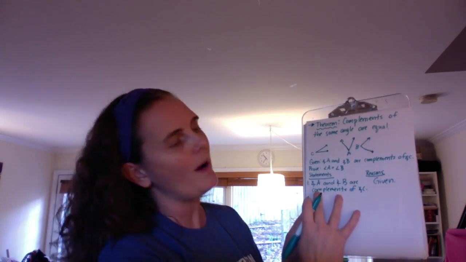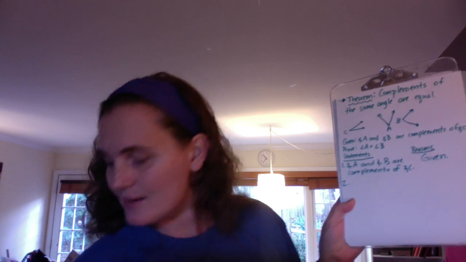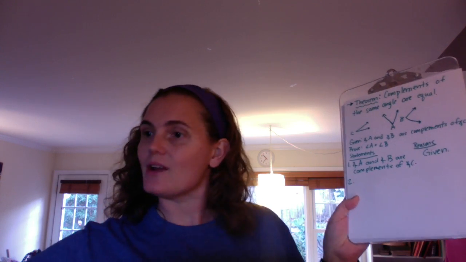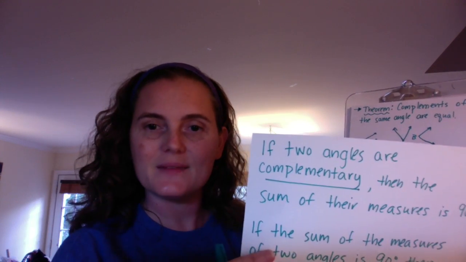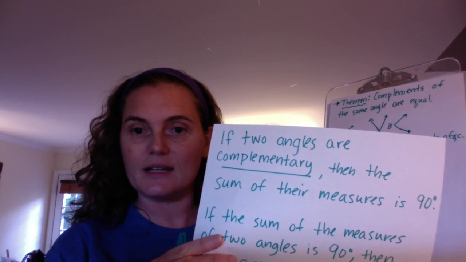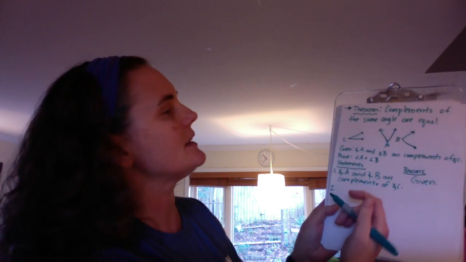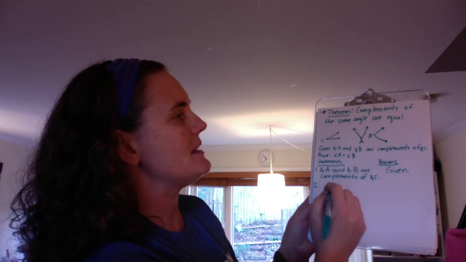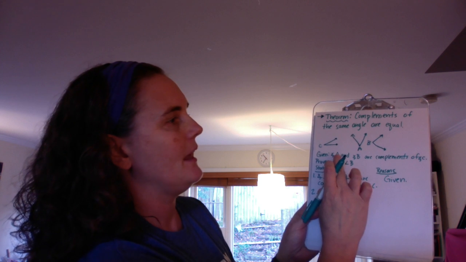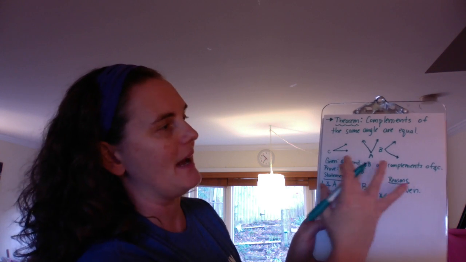Okay, so step 2. Let's think about what we know. Because you know that something is a complement of angle C, we just went over what that means. If two angles are complementary, then the sum of their measures is 90 degrees. So that seems like a next logical step to take. That means that A and C add up to 90 degrees, and B and C add up to 90 degrees.